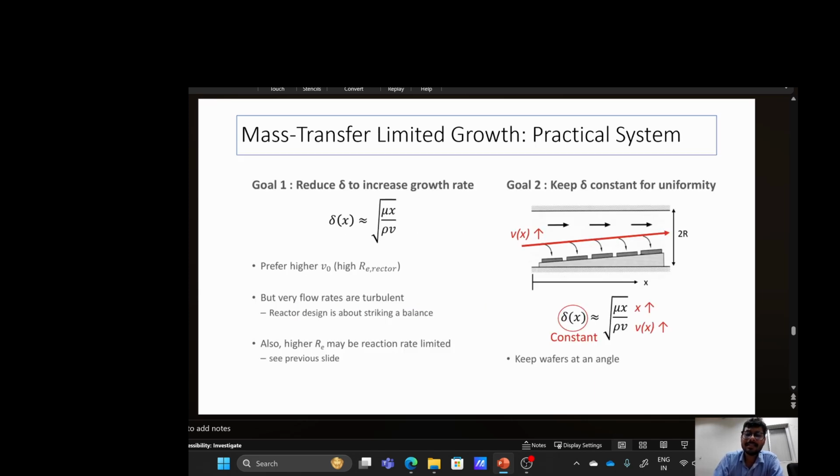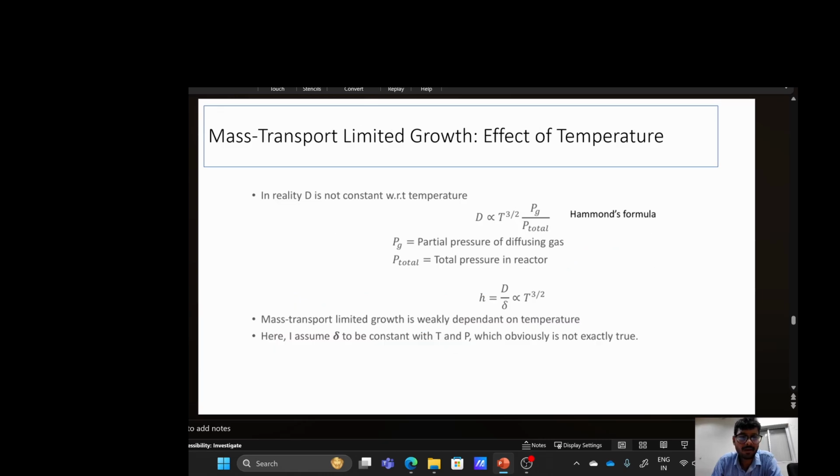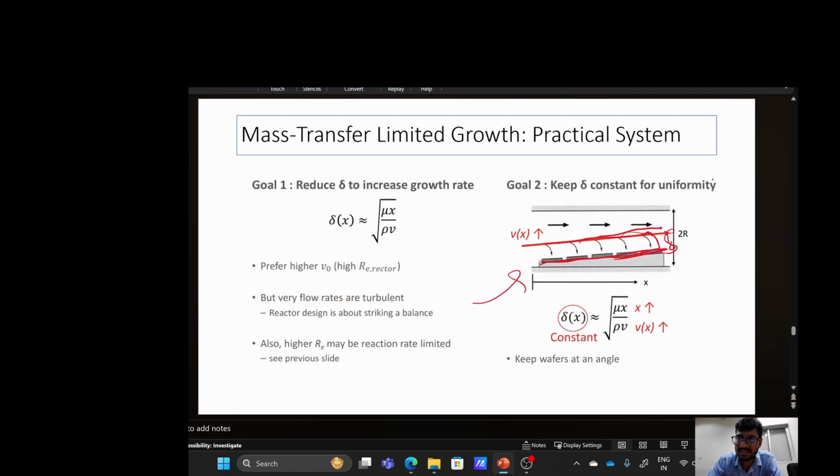So this is kind of reactor design, that you can design your own reactor like this. You can make a wedge kind of thing, so there will be a constant boundary, constant delta. This boundary delta is given by this formula, mu x divided by rho into v.